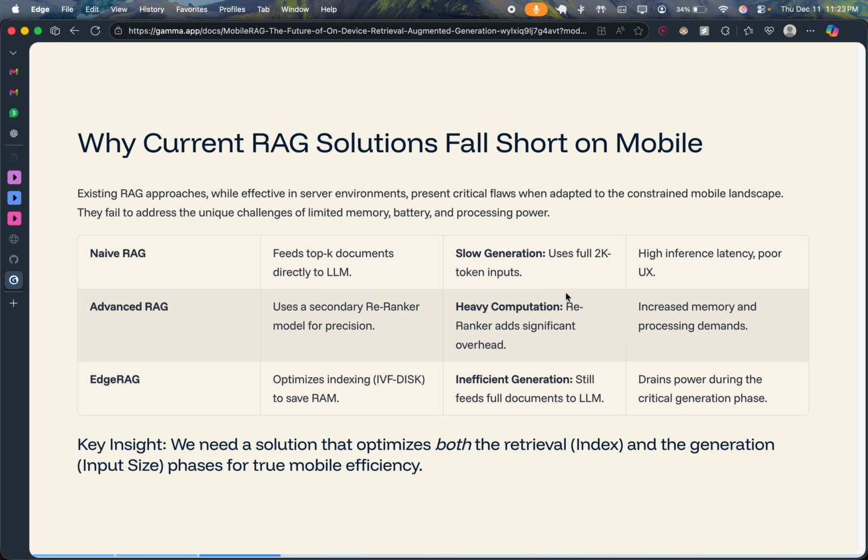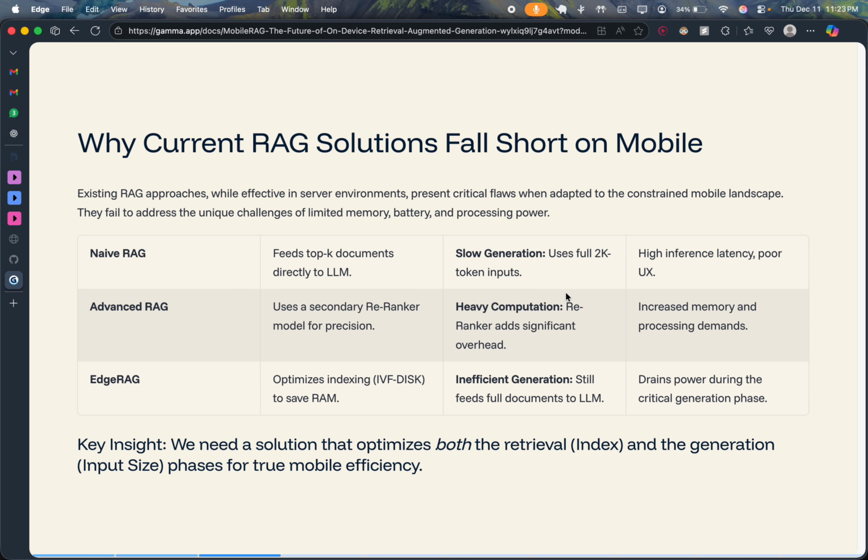the large model. And then we have these kinds of RAG systems that are already available, like naive RAG, advanced RAG, and edge RAG. Naive RAG's generation speed is pretty slow, as it uses the entire 2000 token input. It has high inference latency, poor UX, and it feeds all the top-k documents to the LLM. Advanced RAG has a secondary ranker model, which has heavy computation and does re-ranking, which adds significant overhead and increases the memory and processing demands.